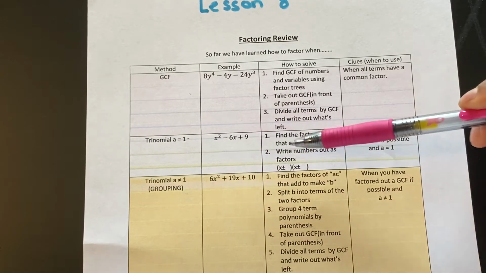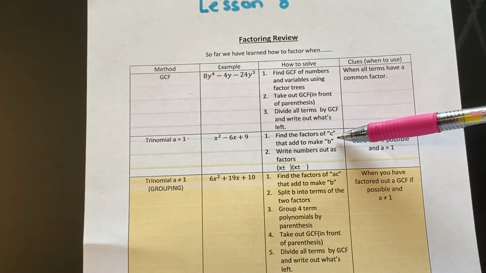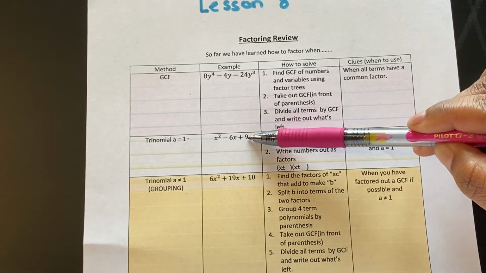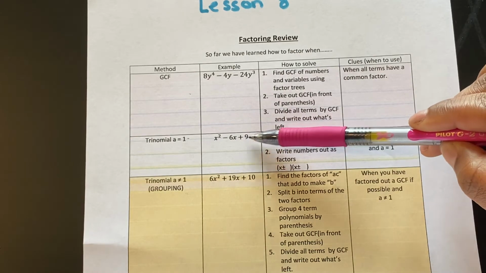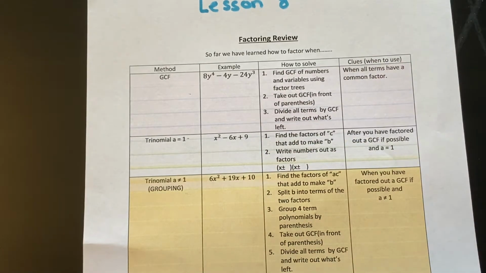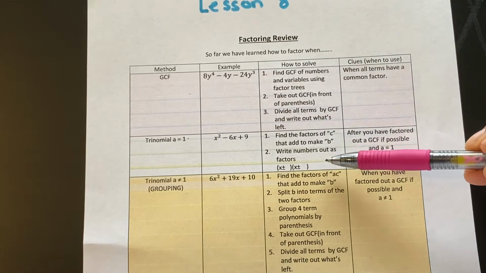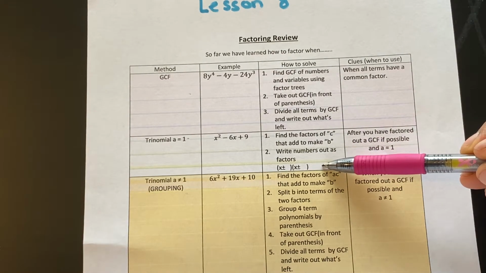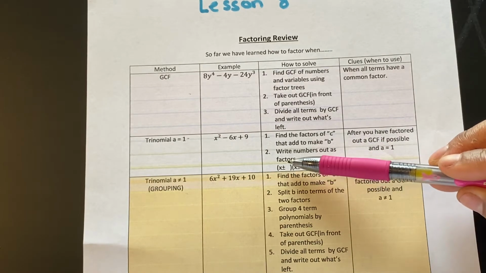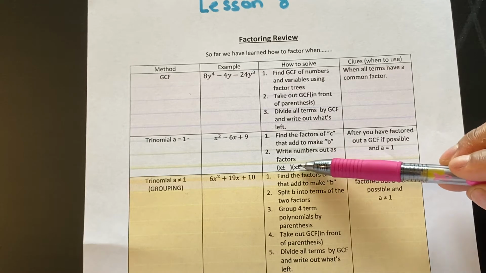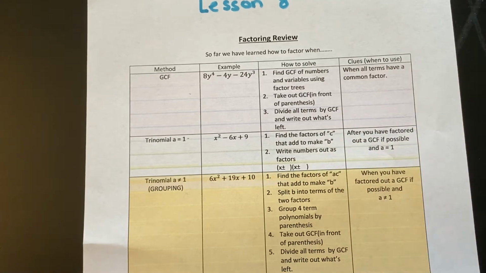In this case, you find the factors of 9 that add to make negative 6. Once you find those factors, your second step is to write the numbers out as factors: parentheses, x plus or minus a factor, depending on the sign, parentheses, x plus or minus the other factor.